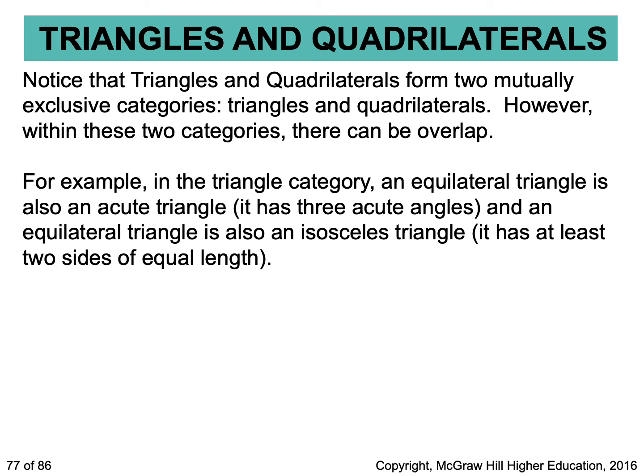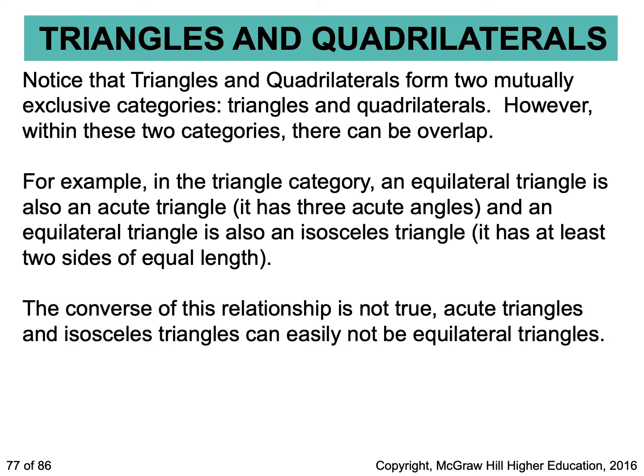And so seeing the definitions, you can see some overlap where there are some instances where a triangle could be more than one thing. An equilateral triangle is also an acute triangle. But it's important to remember which direction these conclusions can go.